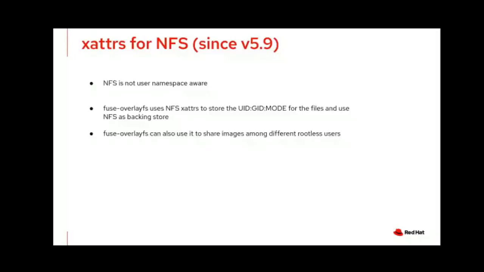So when we run a rootless container, the NFS storage will refuse syscalls like chown, because it doesn't know that the user is allowed to change the file to the chown request it has raised.